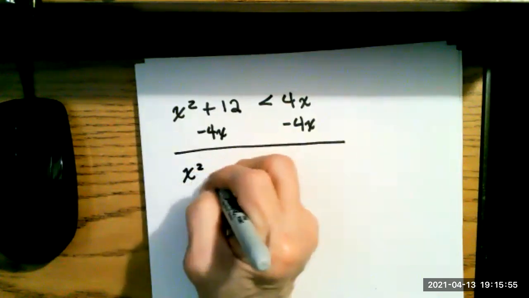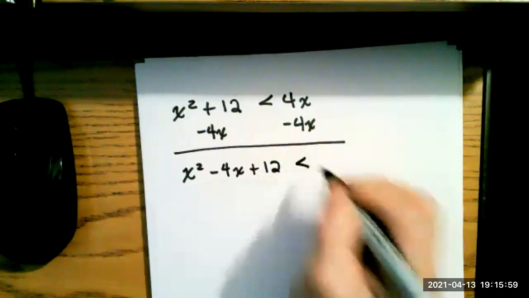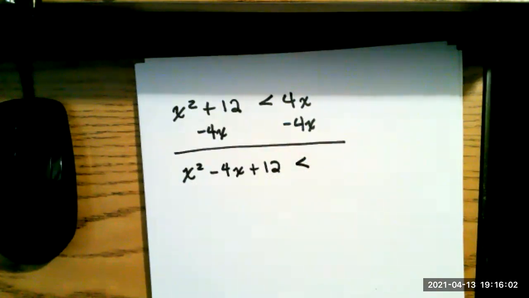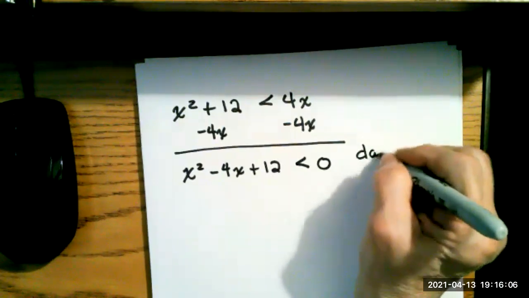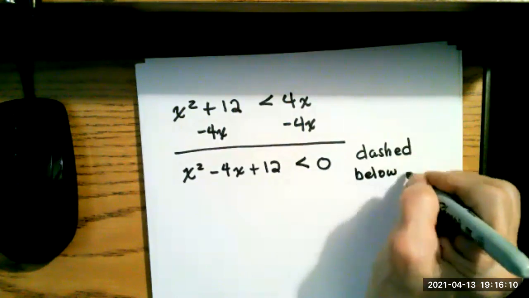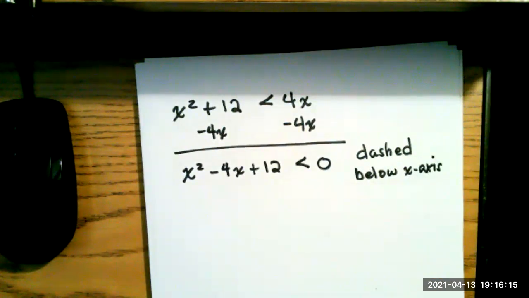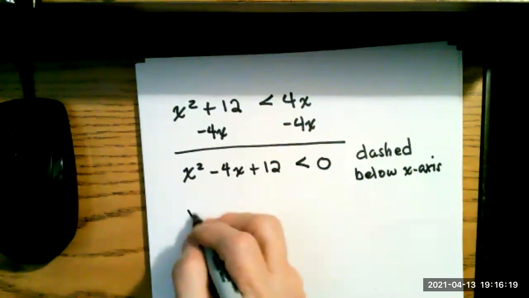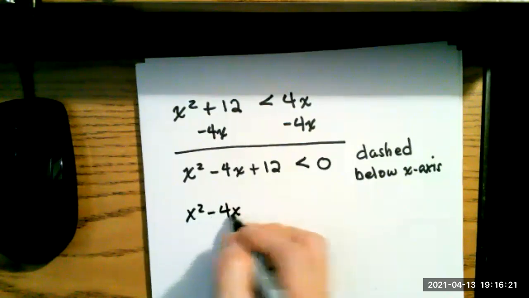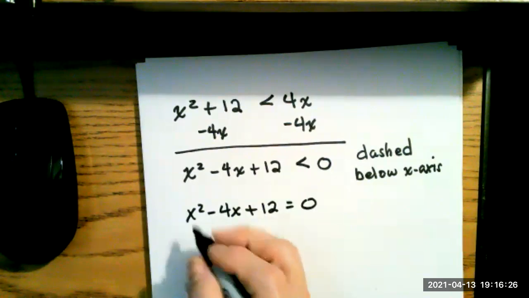And now you have x squared minus 4x plus 12, if I put it in the proper order, and then I would have a 0 over here. So this is dashed, and it's below the x-axis because it's less than. So the next thing I do is set this equal to 0 and see if I can factor it to get my boundary points here.